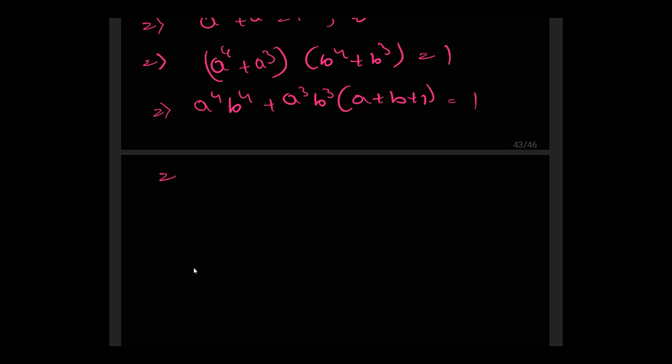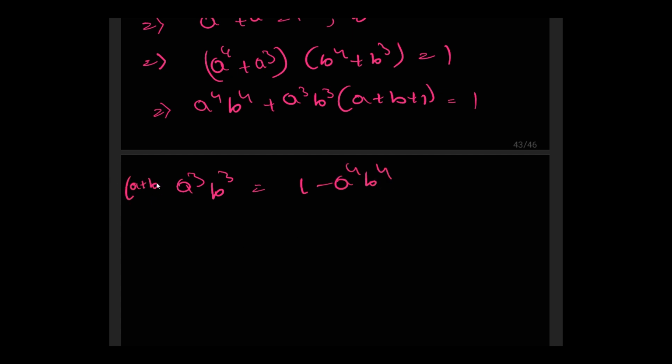That implies we get a cube b cube into a plus b plus 1 will be 1 minus a power 4 b power 4.